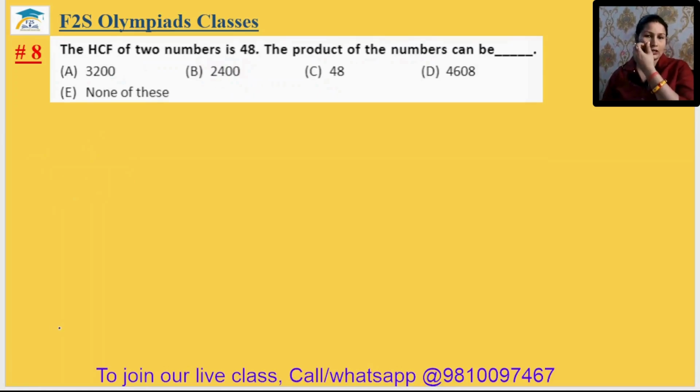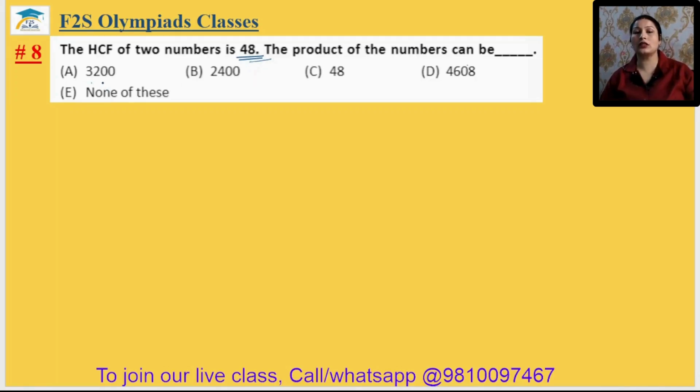Question number 8. The HCF of two numbers is 48. The product of the numbers can be. If HCF is 48, then the product of the numbers will be divisible by 48. Okay?